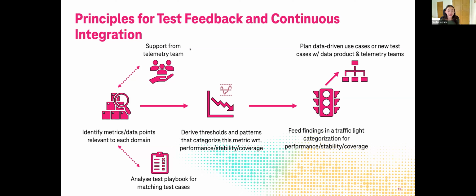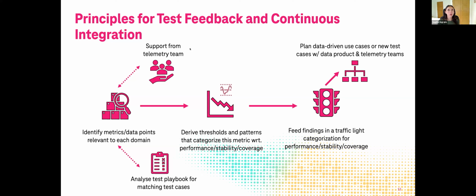But of course, here it is really important for us to analyze our test playbook for matching test cases. So if I take Wi-Fi, for example, if there's a specific Wi-Fi throughput that we are expecting, we need to look back at our test playbook, whether that's within any of our frameworks, and see what those matching test cases are.